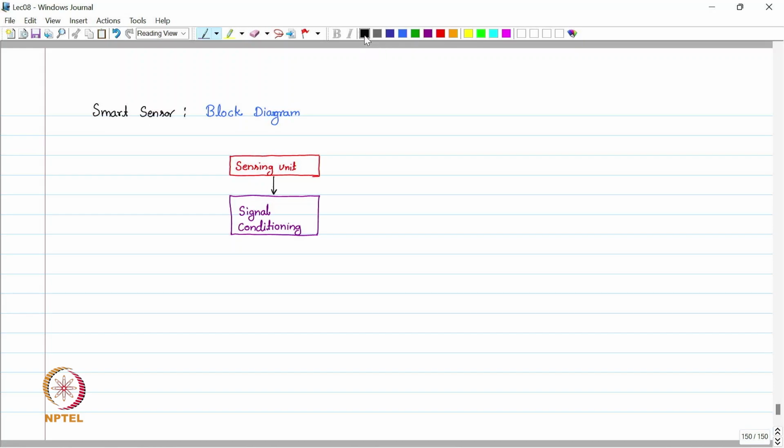Then the data is sent to another unit which is analog to digital conversion.